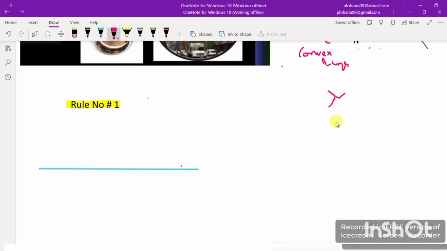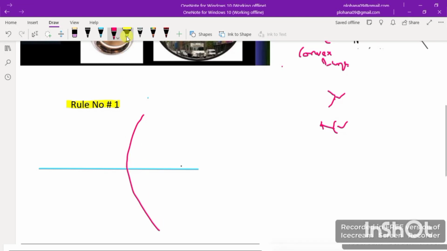But talking about the convex mirror, it's like that because it bulges here when the luminous source hits the light here, right? It gets a bulge. So this is the convex mirror, right? So I'm just going to make the convex mirror here. This is the convex mirror.